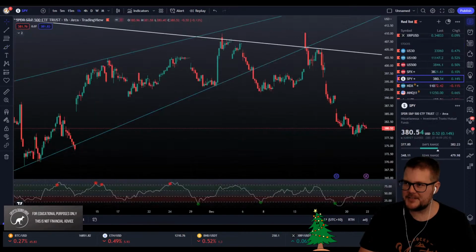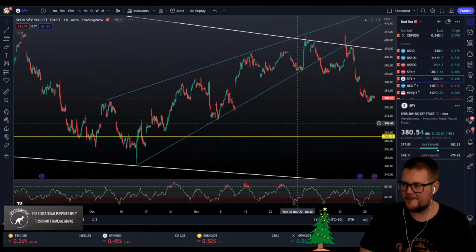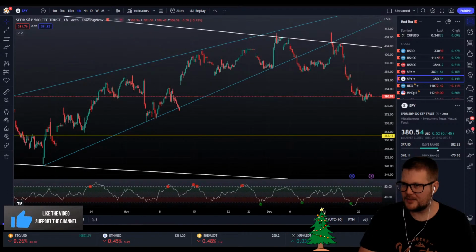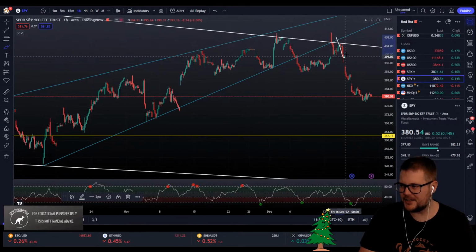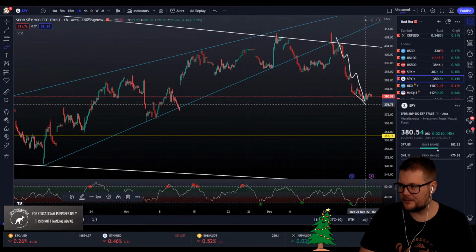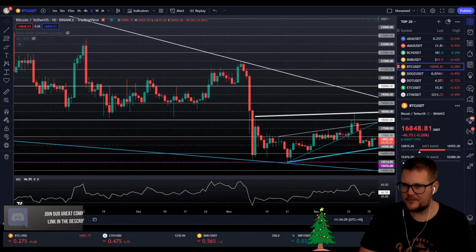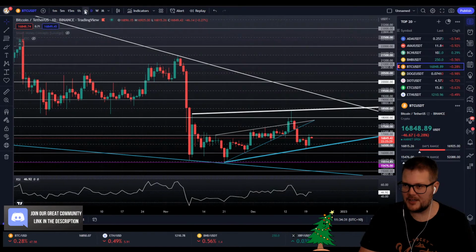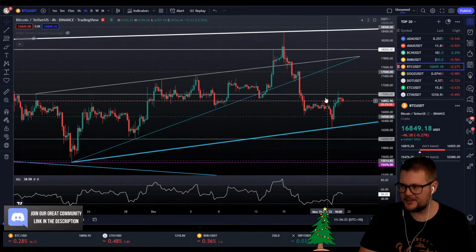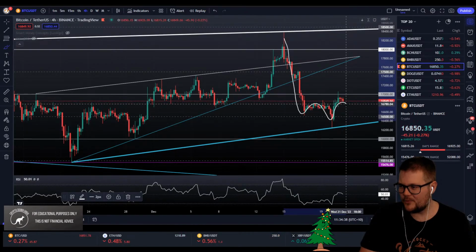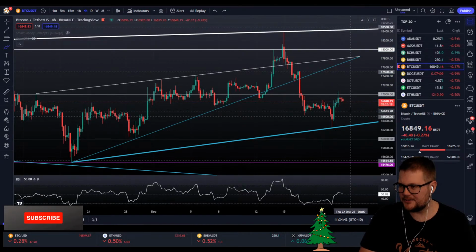And let's see how the S&P is holding up. Still bearish, still on a bear trend there. So considering that the S&P 500 has done this, right? What has Bitcoin done since then? Similar thing, a little bit different though. We seem to be maybe looking at a rounding out.